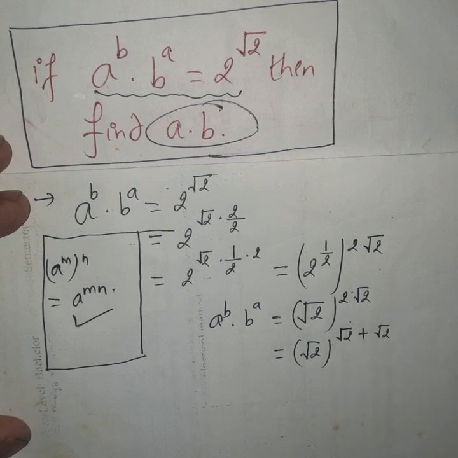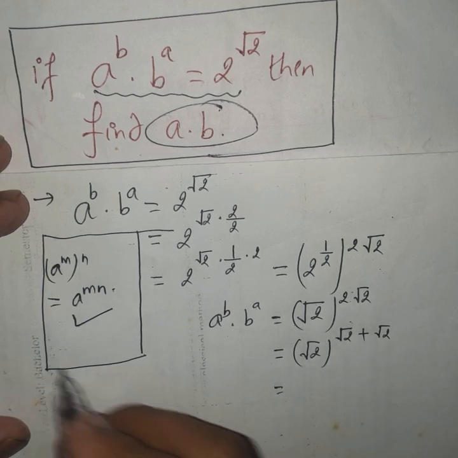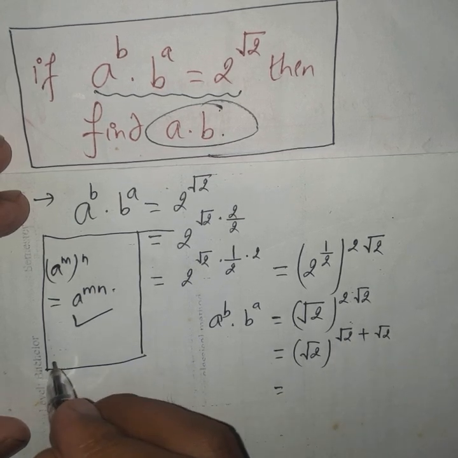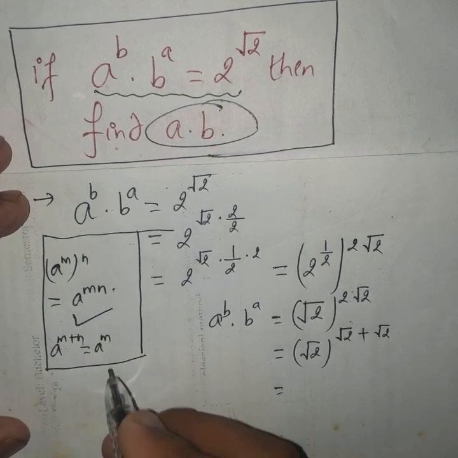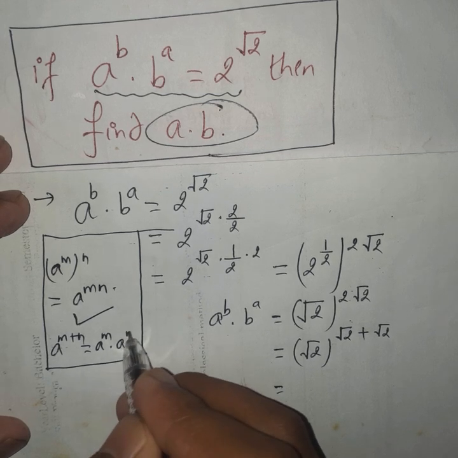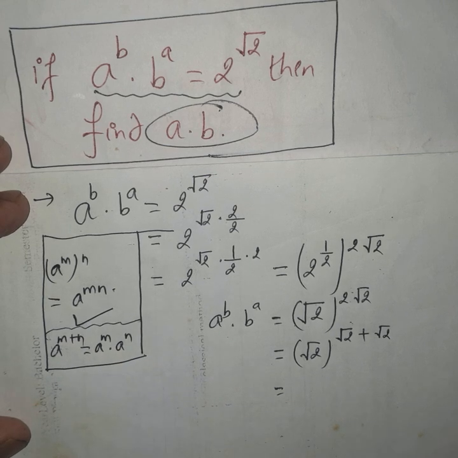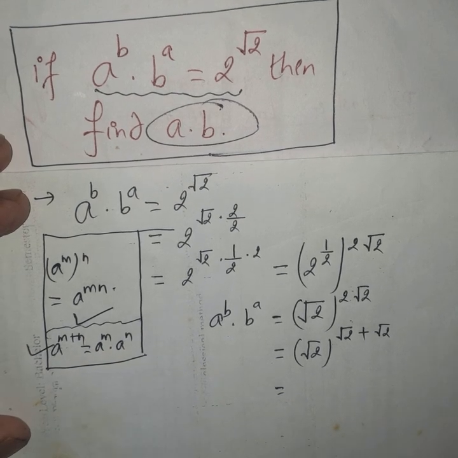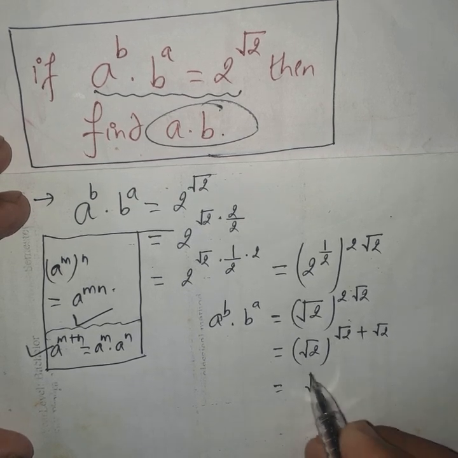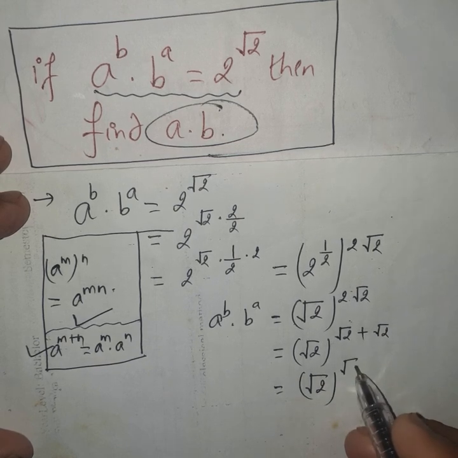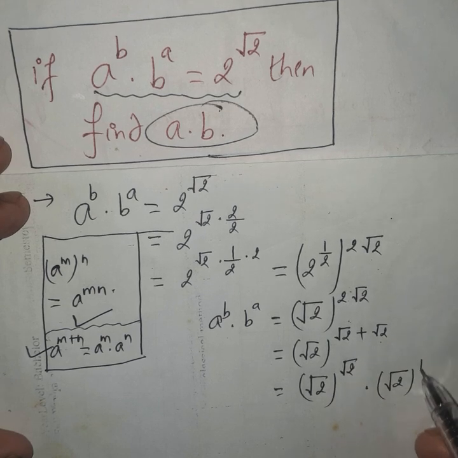Here we can apply the power law of the indices: a raised to the power of m plus n can be written as a to the power of m times a to the power of n. We can distribute this power. Let's do the same here. This can be written as square root of 2 raised to the power of square root of 2 times square root of 2 raised to the power of square root of 2.